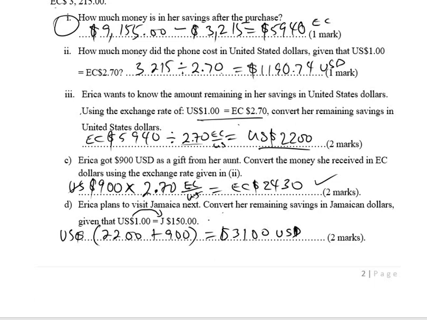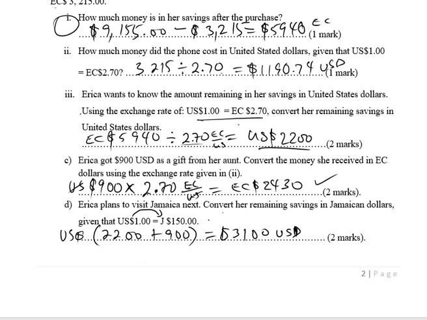Now to convert that into Jamaican dollars, we have to look at the exchange rate. It takes $1 US to give us Jamaican $150. So for every dollar in US, you get 150 Jamaican dollars. So if you have 3,100 US dollars, then you're going to have 3,100 times $150 Jamaican dollars.